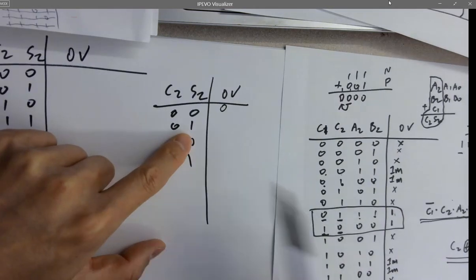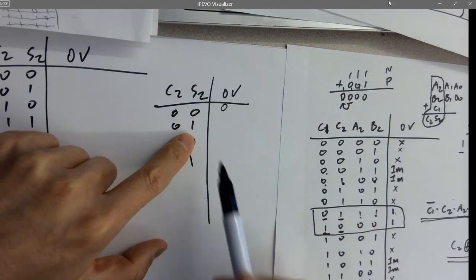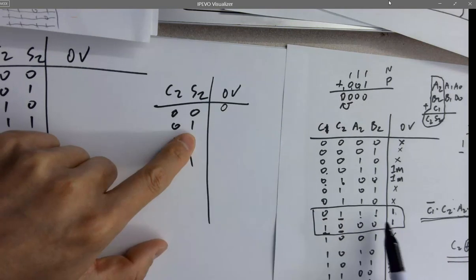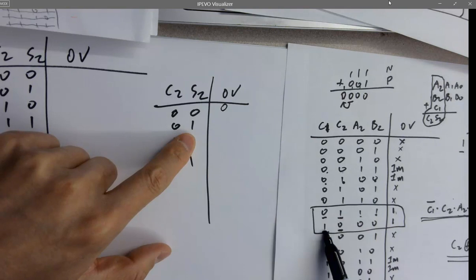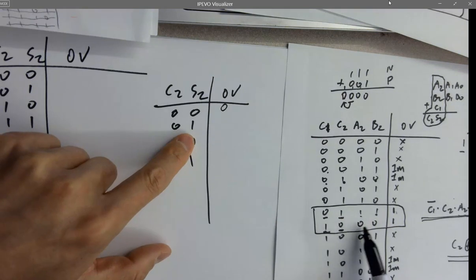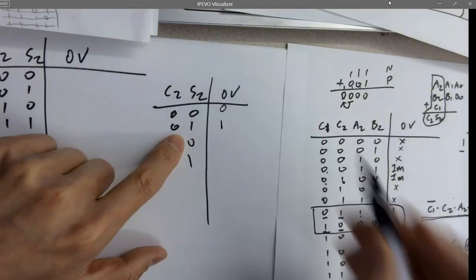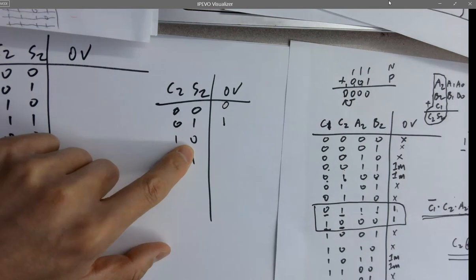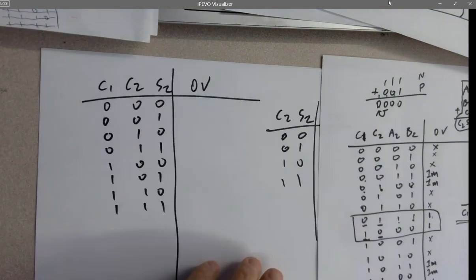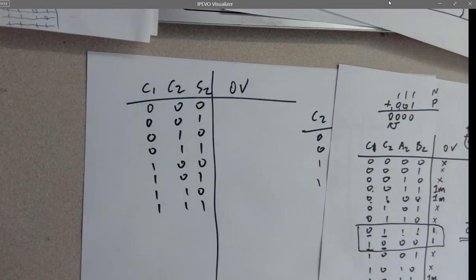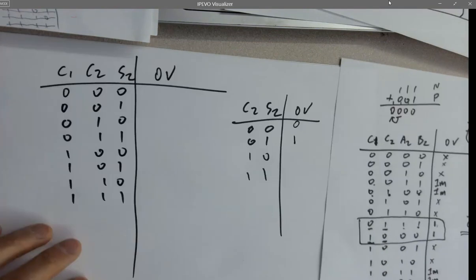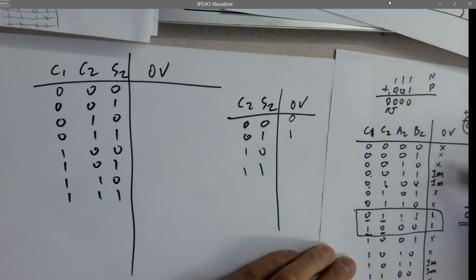And then for this case, S2 is 1, so it's going to be this entry, right? And C2 is 0, so this one has overflow. But wait, these don't have overflow.